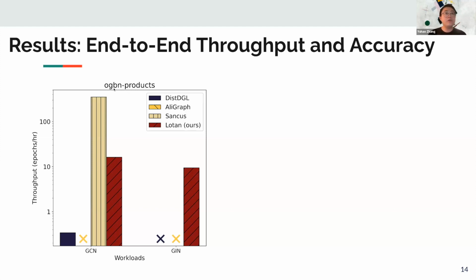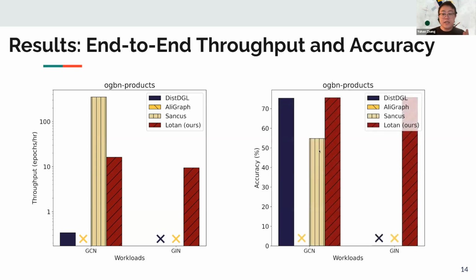And on the OGBN products dataset, this is a medium-sized graph from the standard open graph benchmarks. On the GCN workload, you can see Loten is faster than this DGL, but not as fast as Sancus, right? However, Loten has higher accuracy than Sancus.